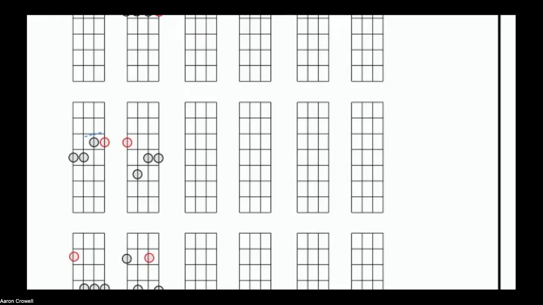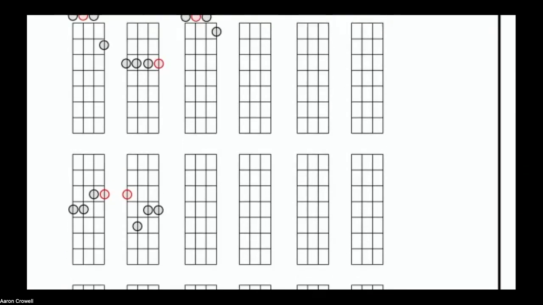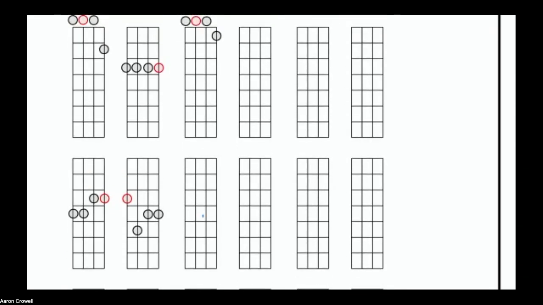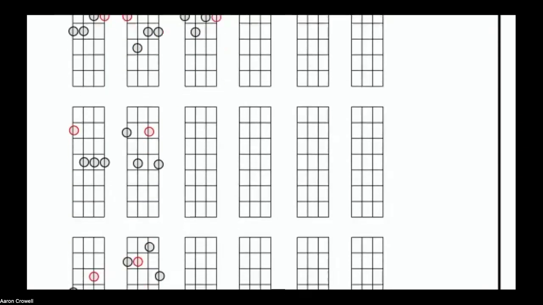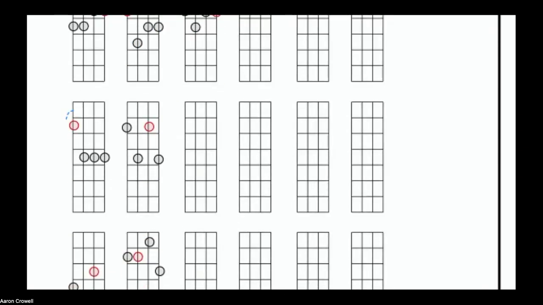Next shape. I'm going to go ahead and put that there. I'm going to flat the 7. Next shape.